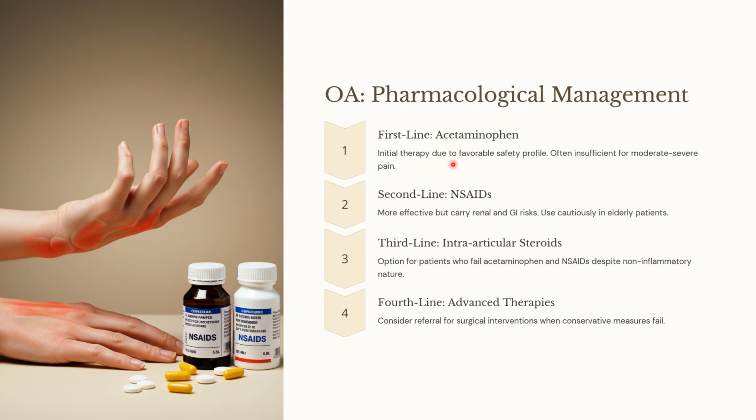Acetaminophen can be given as the initial therapy. But if acetaminophen is not effective, then we can go for NSAIDs. The third line is intra-articular steroids. You might be wondering, if there is no inflammation, how would steroids help? You're right, but still steroids do help, especially in those who have failed acetaminophen and NSAIDs. The fourth line is advanced therapy with surgical intervention like knee replacement.